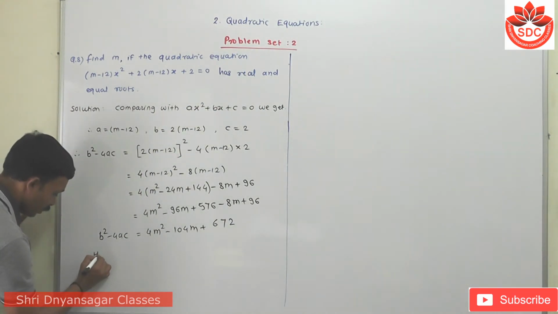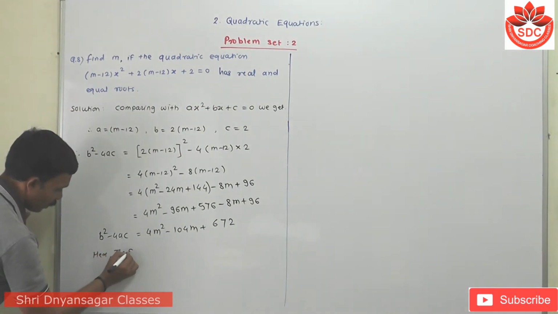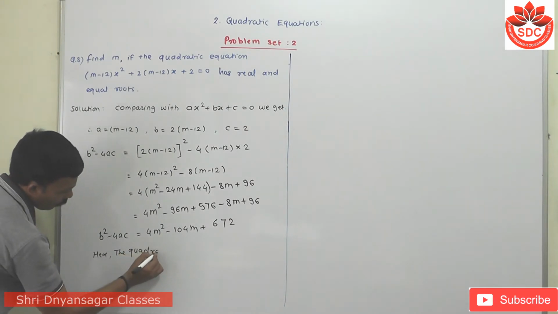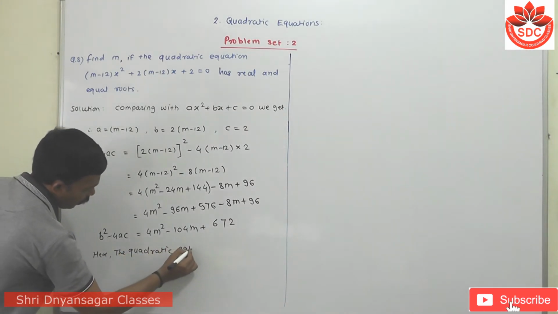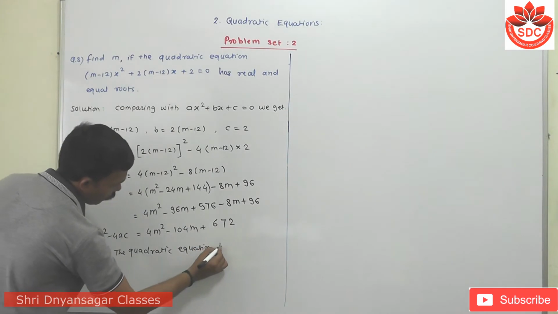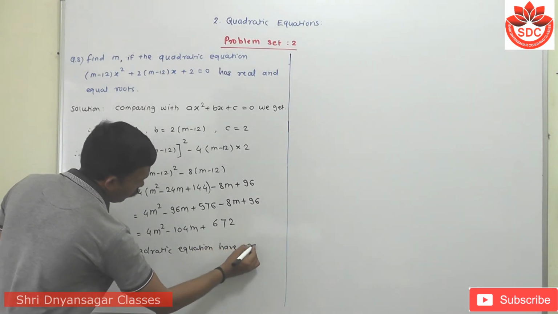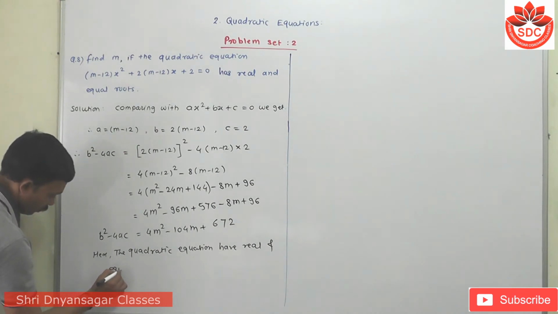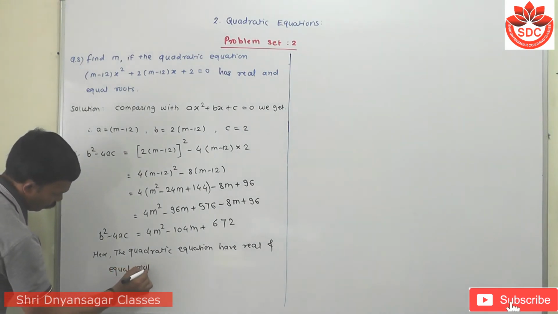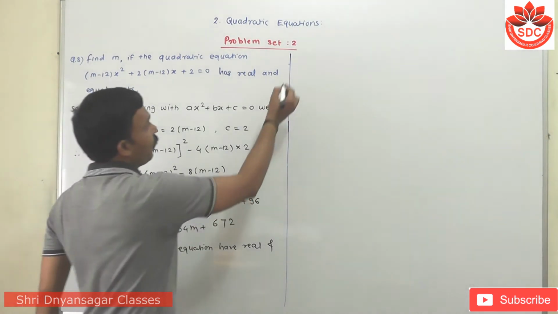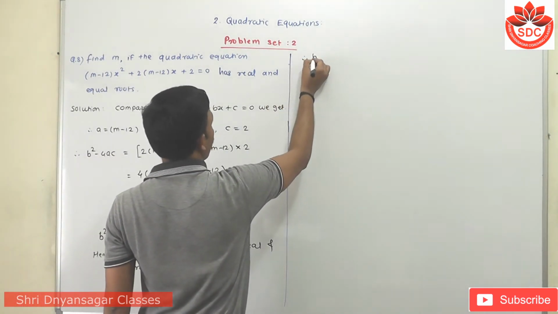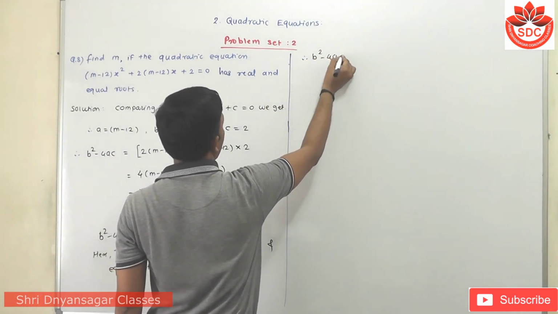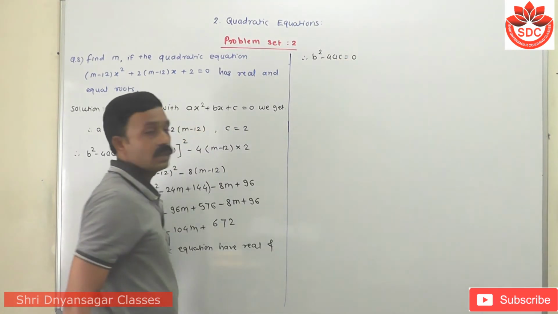Now here the quadratic equation has real and equal roots. Therefore, the value of b square minus 4ac is equal to how much? 0.